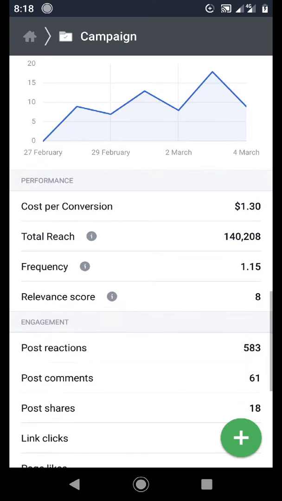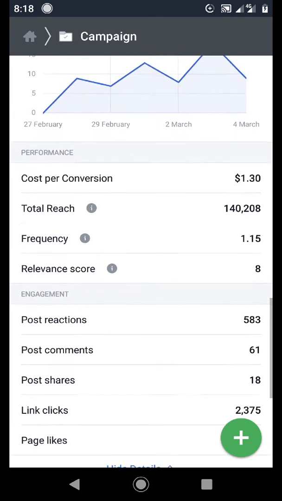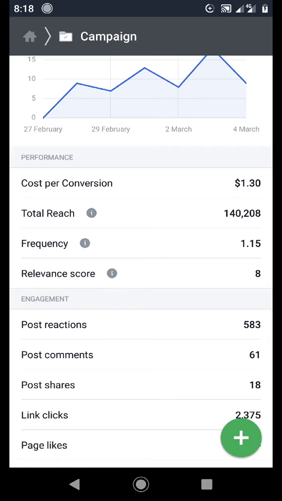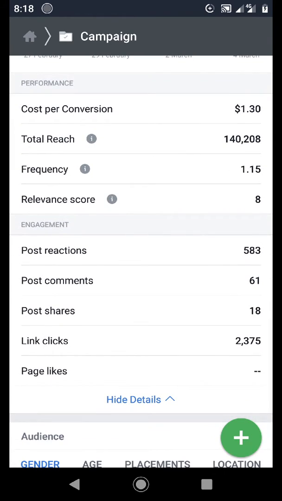The moment your click-through rate is less than 1%, you should switch off that campaign and try to change the narratives, the creatives rather. So that is that about the 1 to 2% click-through rate.